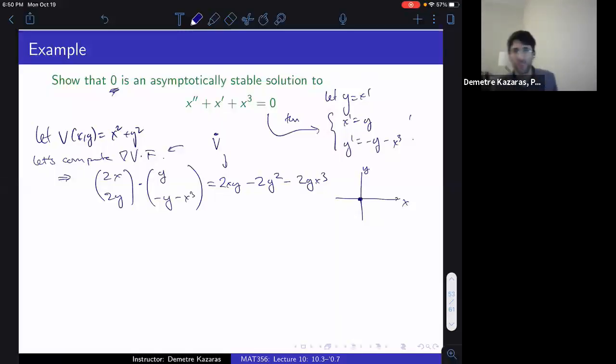Okay, so we compute this dot product, and this will be an educational experience here. This is a little bit of a mess. Hard to see what's going on here. So hard to see if the origin is a max for this function.